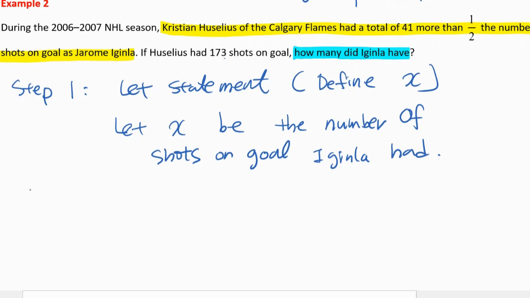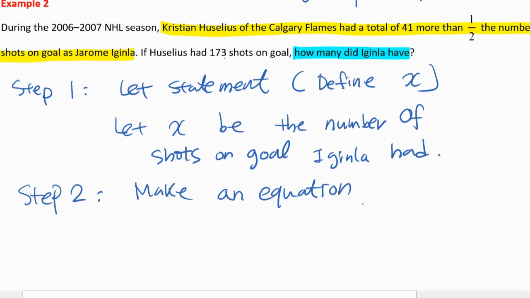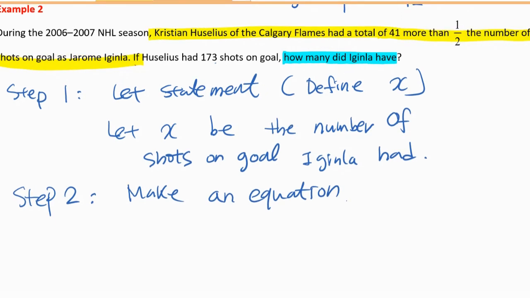Okay, and step number 2, equation. So we're going to make an equation using x. Okay, to make an equation, we have to look at the sentence.